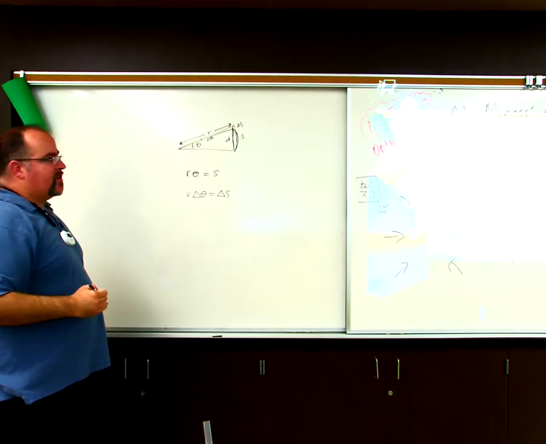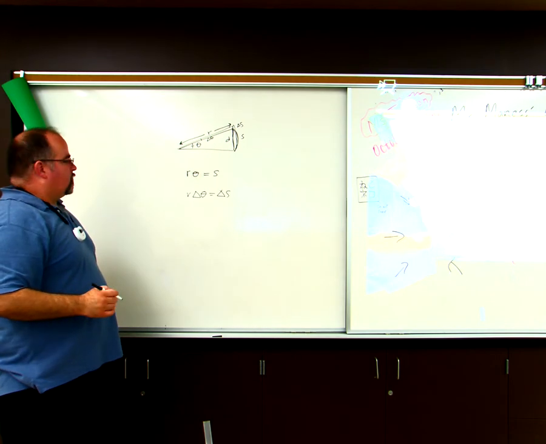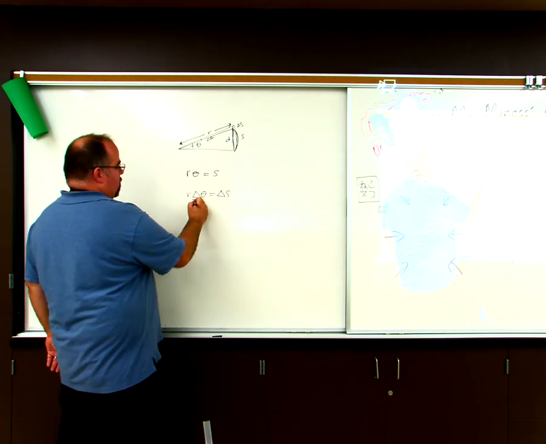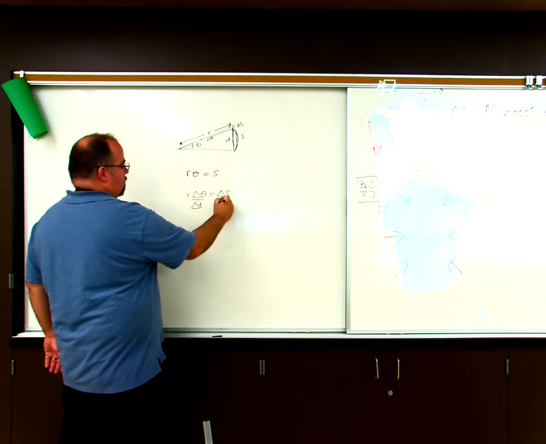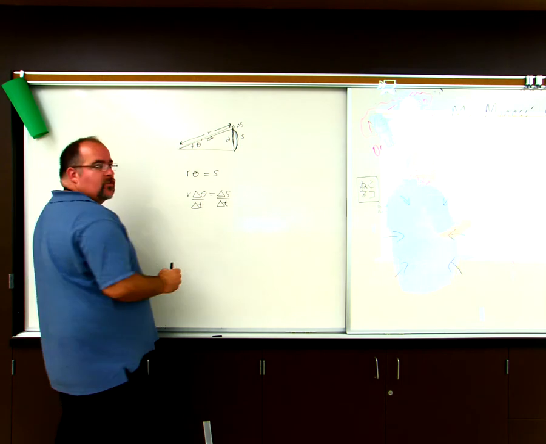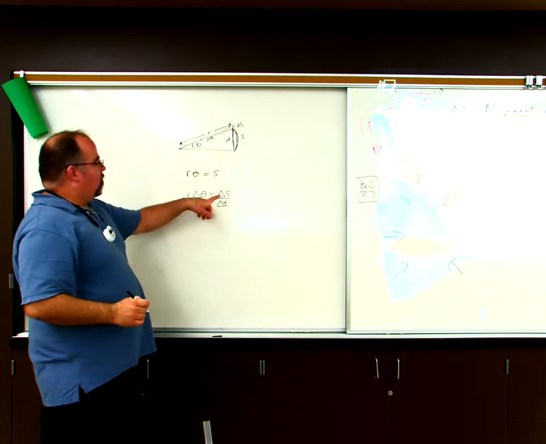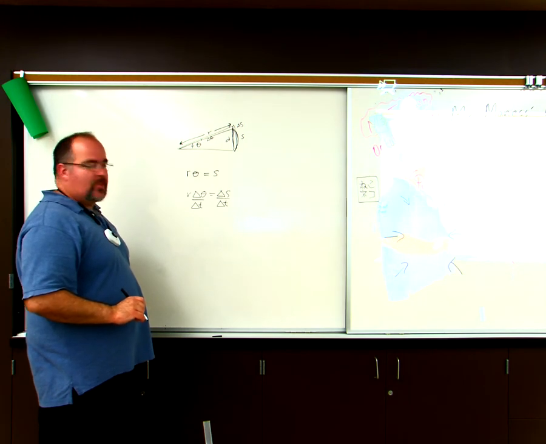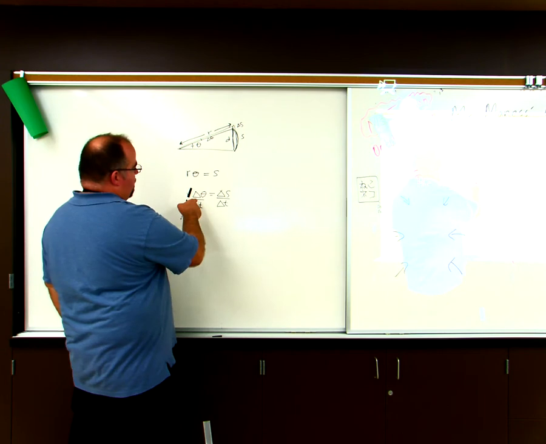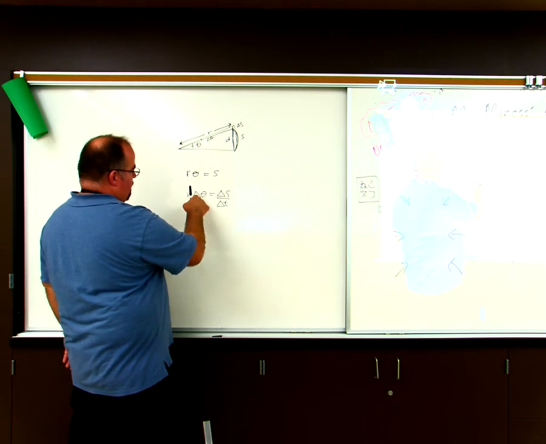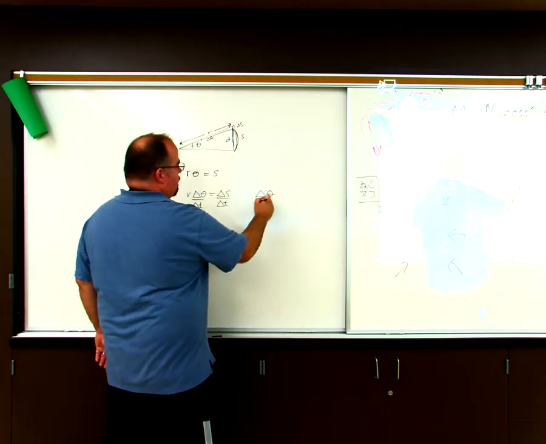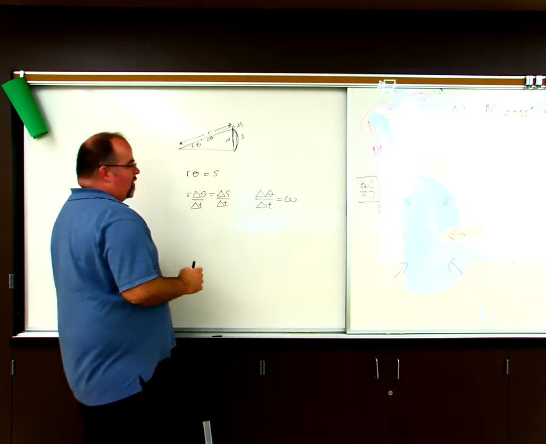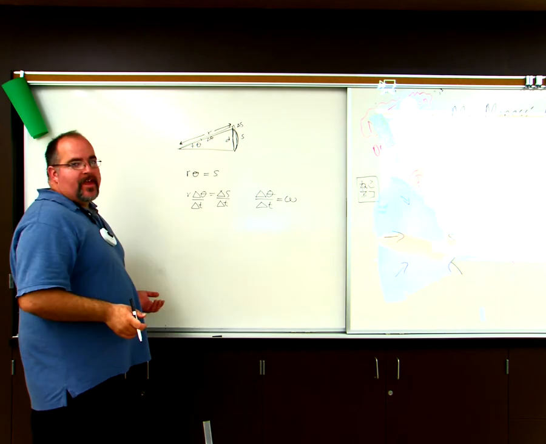If I divide both sides by delta t, you'll see why in a second. What does delta S over delta t equal? Velocity. And then I'm going to define delta theta over delta t as omega, and I'm going to call that angular velocity.